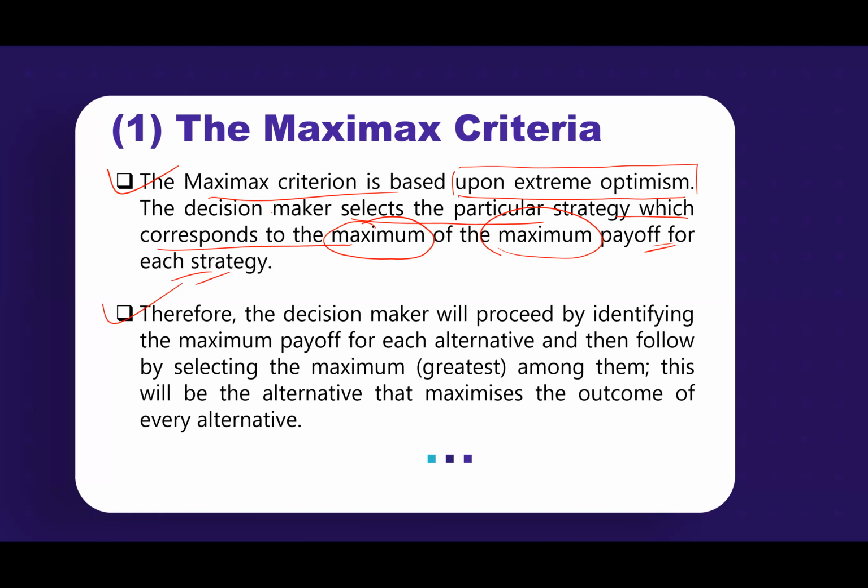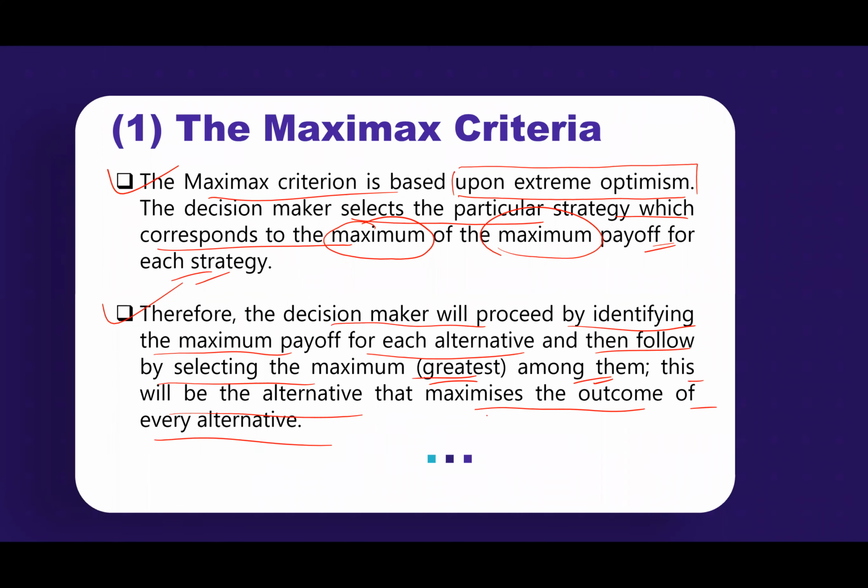So we are saying on the second bullet that therefore, the decision maker will proceed by identifying the maximum payoff for each alternative, and then follow by selecting the maximum, the greatest among them. This will be the alternative that maximizes the outcome of every alternative. So the maximum of the maximum.